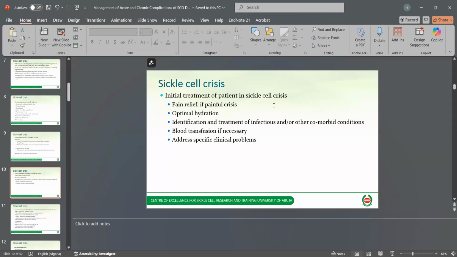Then optimal hydration for patients that are dehydrated, identification and treatment of infections or other comorbid conditions, blood transfusion if necessary, and addressing specific clinical problems.